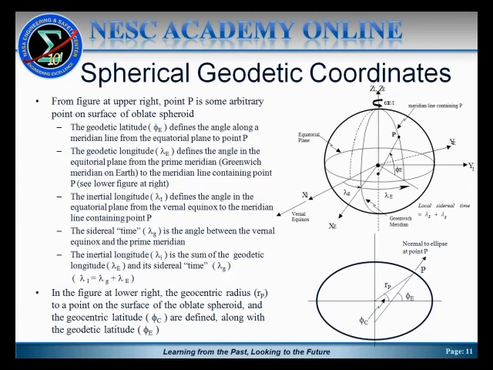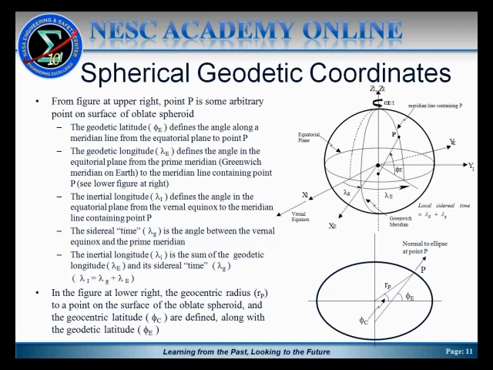And again, if you're referring to spherical geodetic coordinates for locating a position of an object on the oblate spheroid, again we'll show a figure in two views that show a point P that's located on the surface of the oblate spheroid.